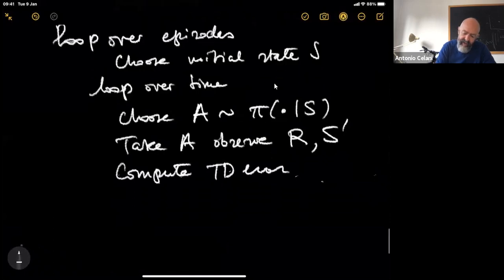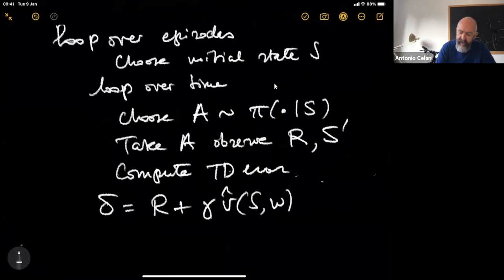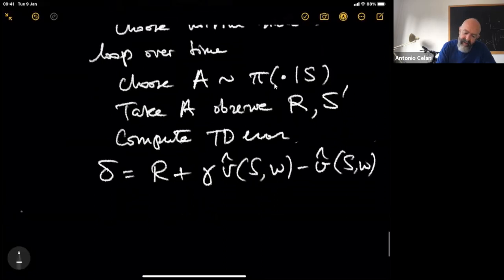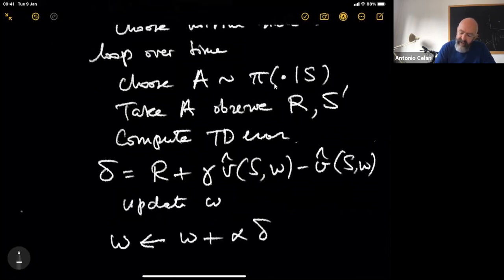Let's call it delta equals the reward plus gamma times your estimate at the new state S prime with your current parameters w, minus your estimate at the current state S. And then update w, w going into w plus alpha, delta, and then the gradient of your value.